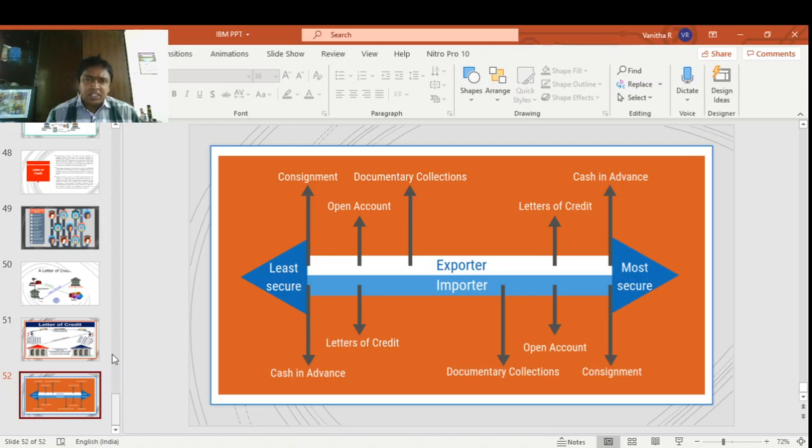When the exporter is selling products to the importer from India to US or from China to US, imagine that exporter and importer things. If it is an open cash in advance, the exporter asks the importer or the buyer, pay me some money in cash, then I will give you my products.